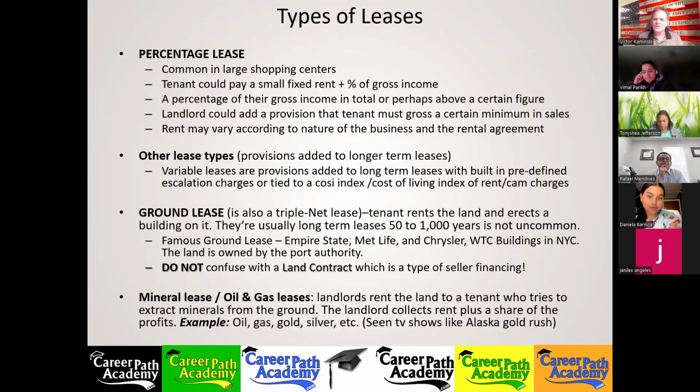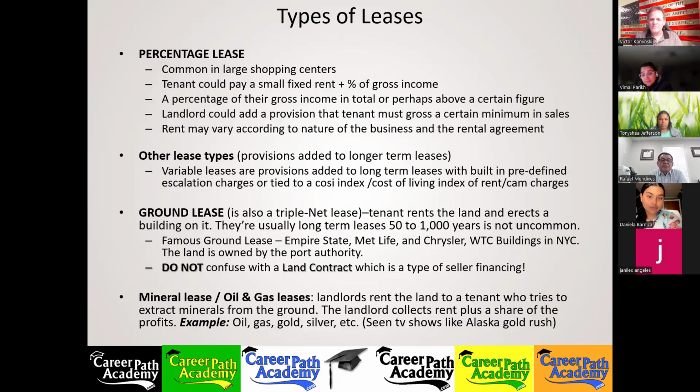So here's some examples of some famous ground leases in New York City. The Empire State Building. Oh my God, could you imagine that iconic building built in the 1920s, the Empire State Building? Can you imagine constructing a building like that on land that you don't even own? You better get a long enough lease for it to pay for itself.